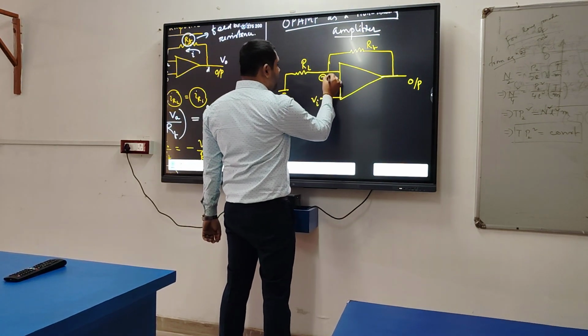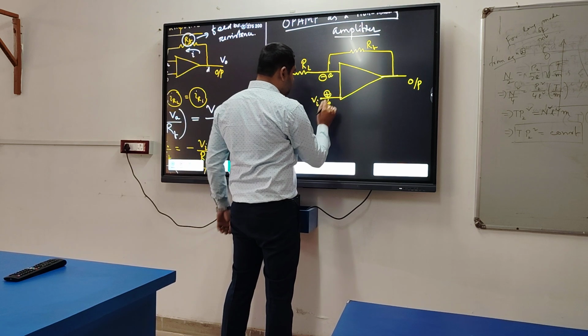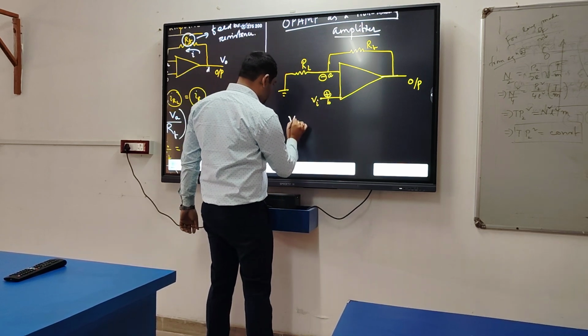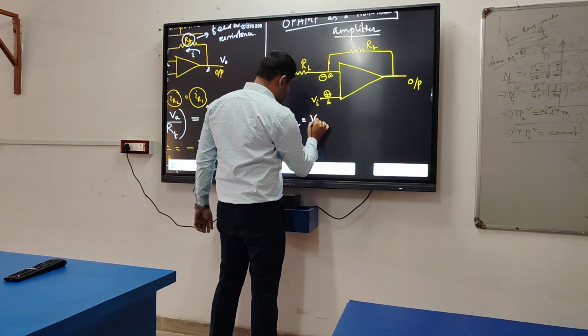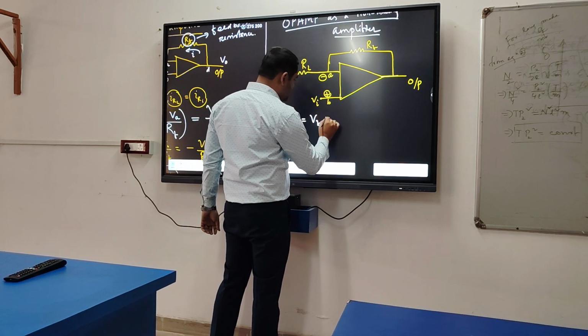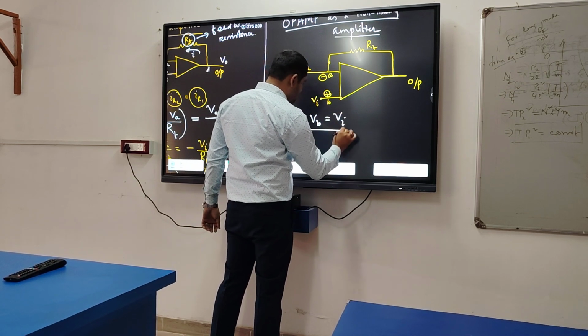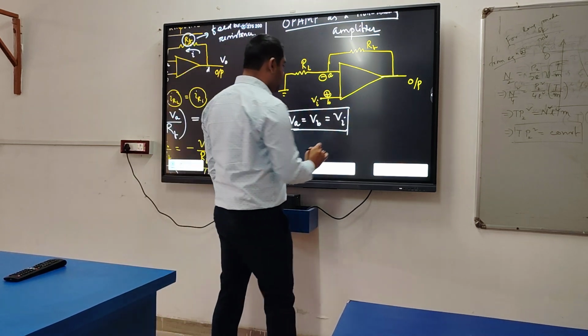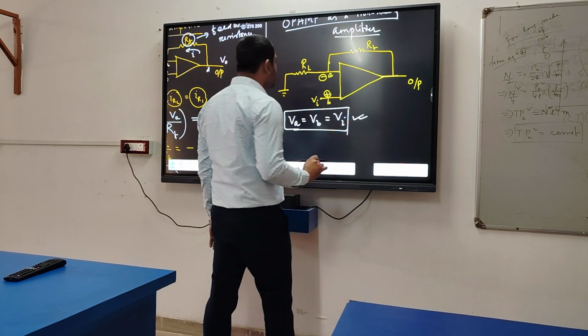So we are considering two points, point A and point B. As in the earlier concept, the voltage at A must equal the voltage at B. Here the voltage at B is nothing but the input voltage. We are going to apply this concept in this case also.